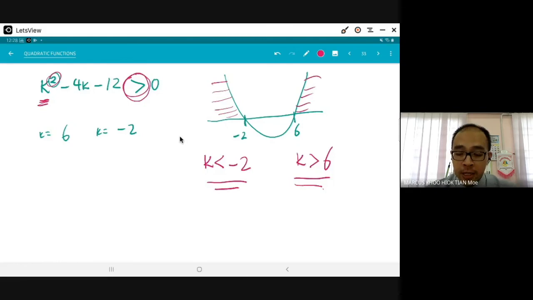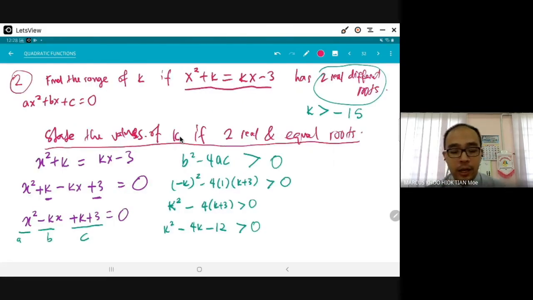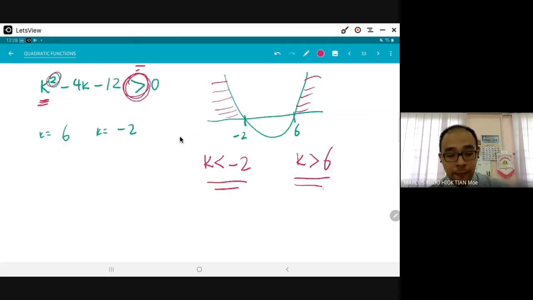So because of that, state the values of k. If you state the values of k, you have to change this to equals. So k squared minus 4k minus 12 equals 0.